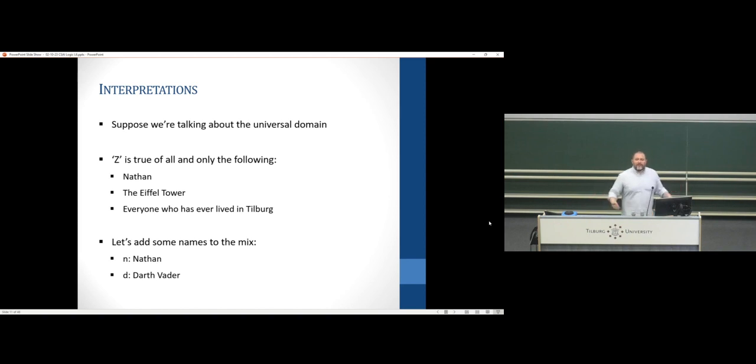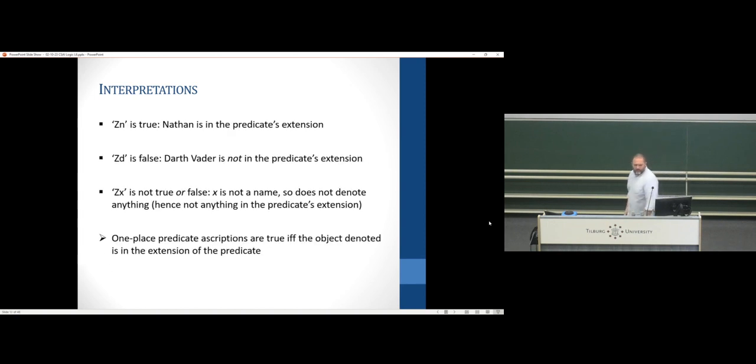Is there something in the extension of Z in this interpretation? Yeah. Me, all of you, anyone who lives in Tilburg is in the extension. There's a whole mess of things in the domain. Again, this is the basic idea, and we'll be building from this.